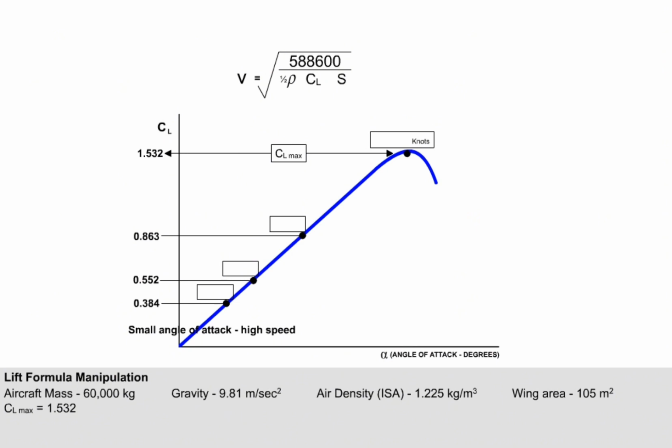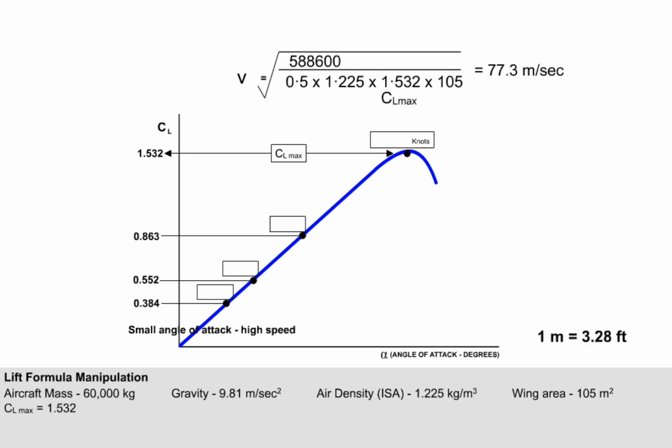The result is 588,600 newtons. If we convert the other elements, assuming ISA sea level density of 1.225 and a wing area of 105 square meters, using the CL max of 1.532, we now have the equation looking like this.